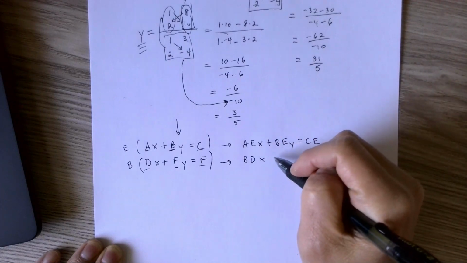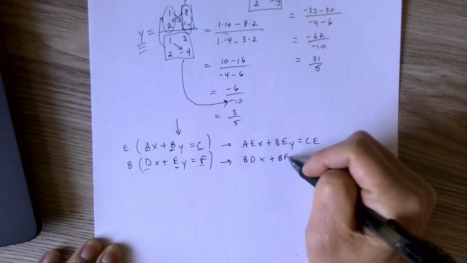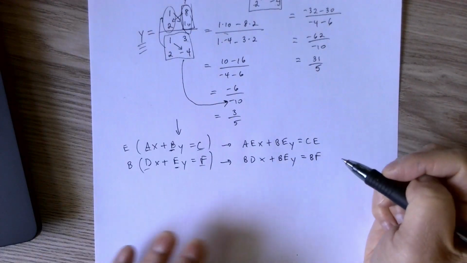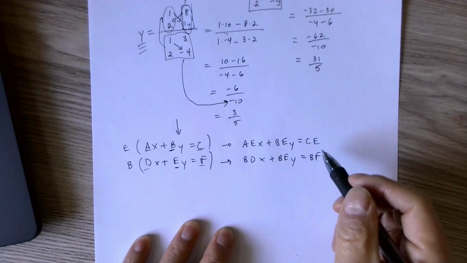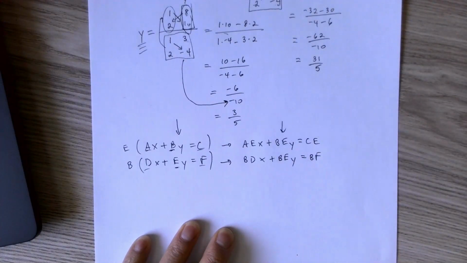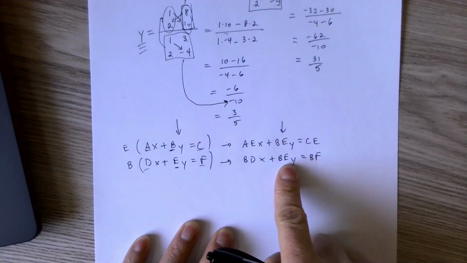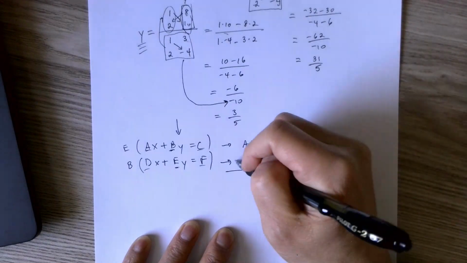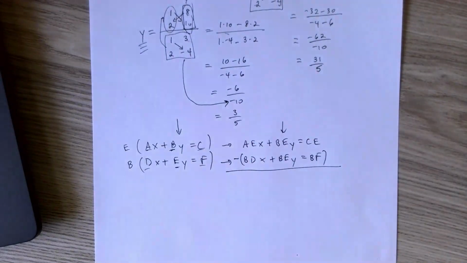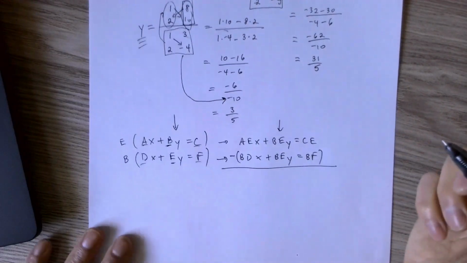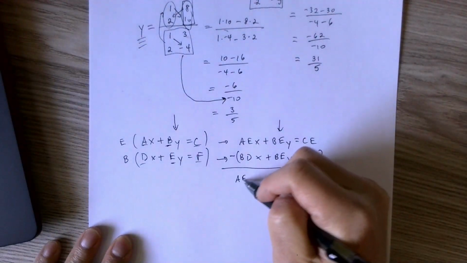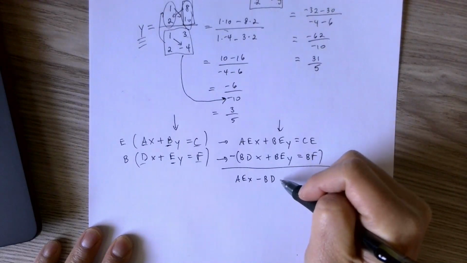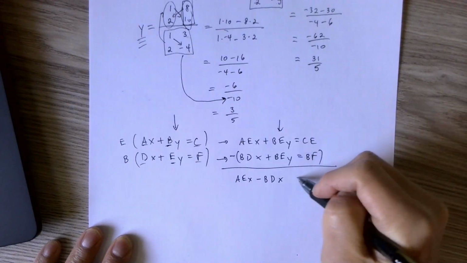Now I'm distributing the B. Okay, you can see that the two coefficients of the y terms are now identical, and they're the same sign, so I will now subtract. No more y terms.